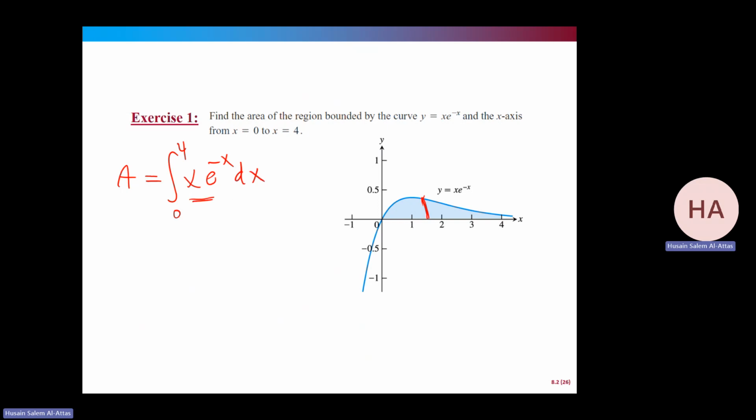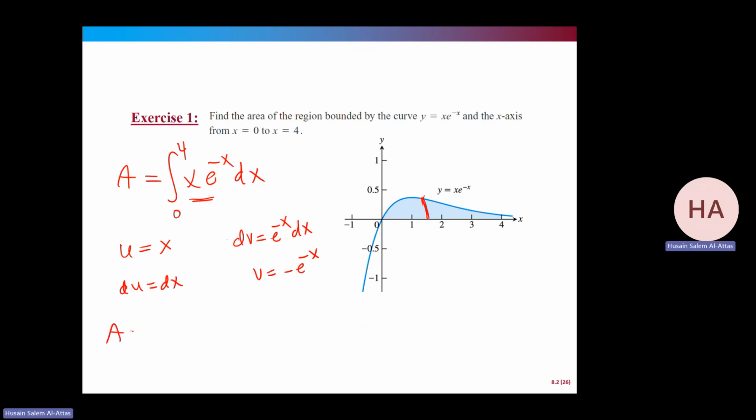How to do this? I need integration by parts to do this integral. So I have u equal x, dv is e^(-x) dx. So what is v? Minus e^(-x). And what is du? dx.